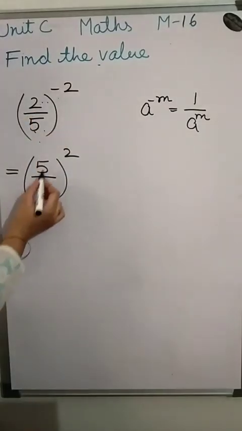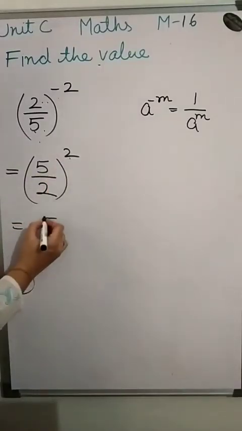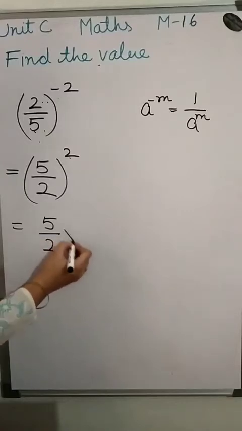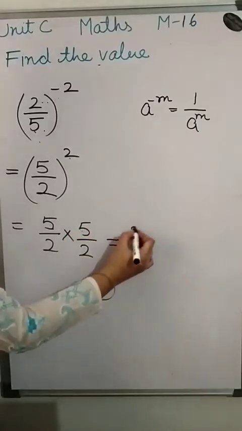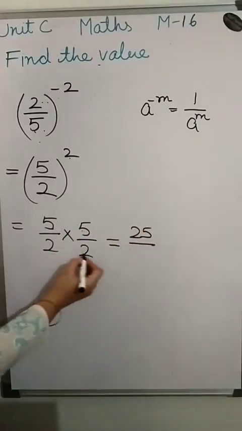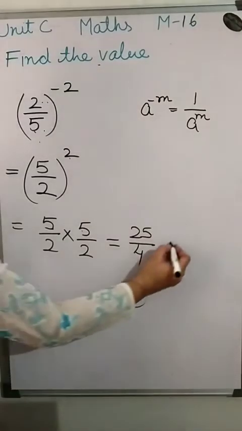So here the answer is 5 upon 2 whole to the power 2, and because the power is 2, that's why I am writing 5 upon 2 twice. So the answer is 5 fives are 25, and 2 into 2 is equivalent to 4. So the answer is 25 upon 4.